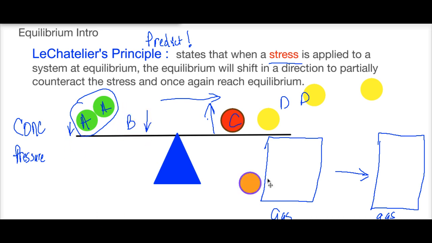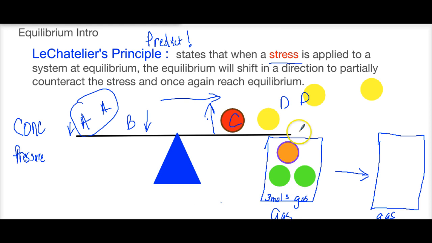Let's say in this size container, we have 3 moles of gas in our reactants, and then in our products, we have 2 moles of gas.